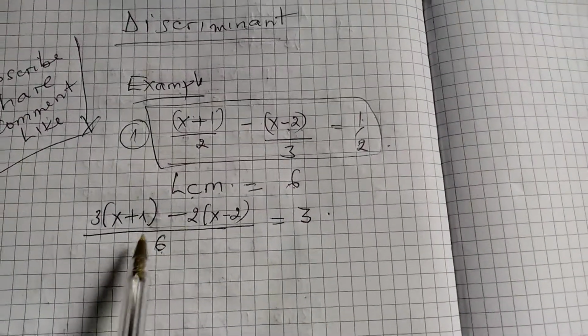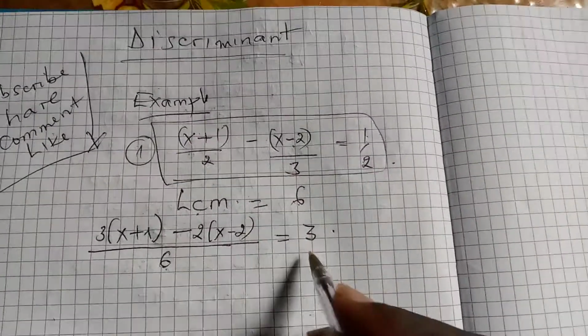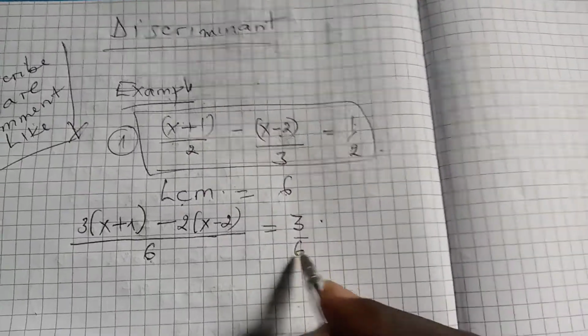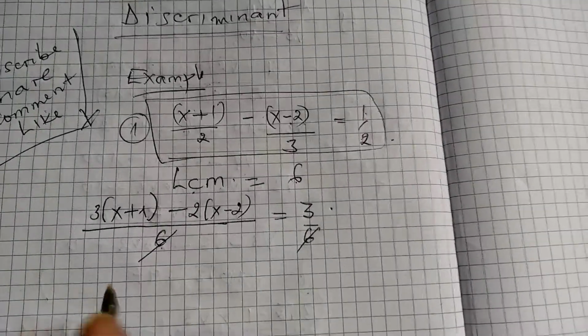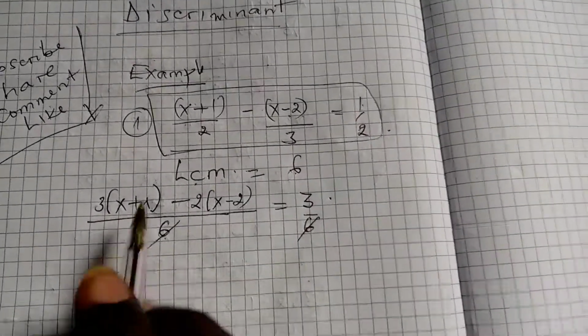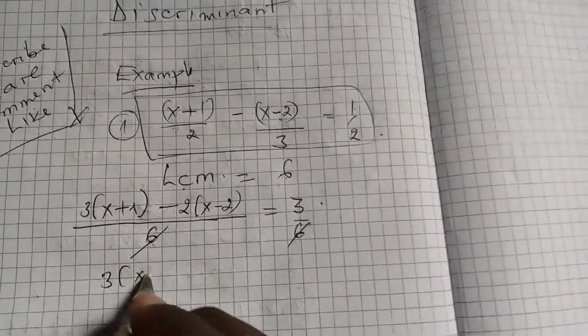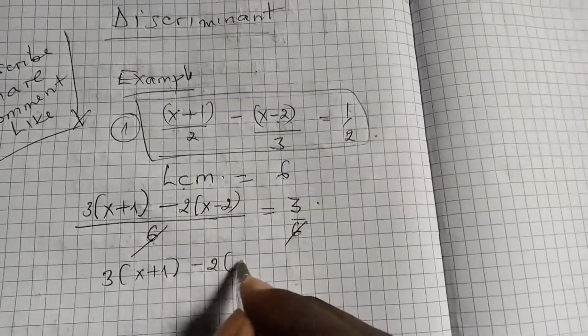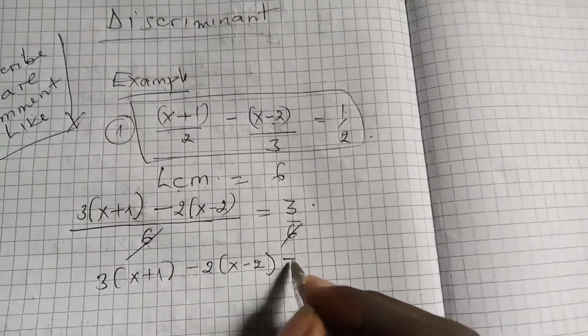Then here will be equal also to over 6. Then this 6 goes with this. So after this, we will find that 3 bracket x plus 1 minus 2 bracket x minus 2 will be equal to 3.